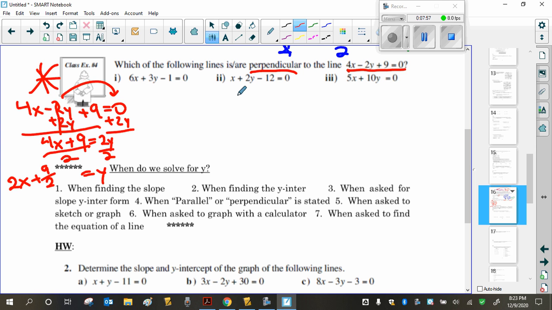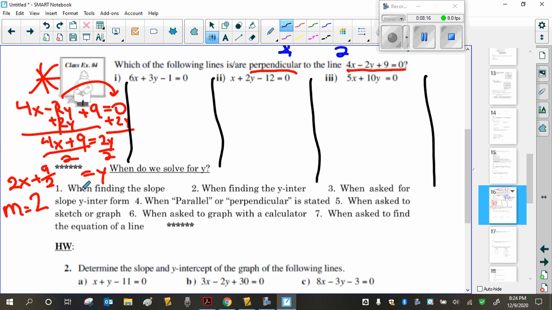Now it says perpendicular, so for this one I care about the slope. Now there's a couple ways you can do this. You can just find these slopes and then compare them, or you can find the perpendicular slope. That's what I'm going to do.